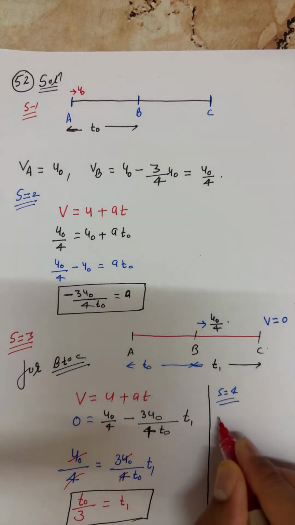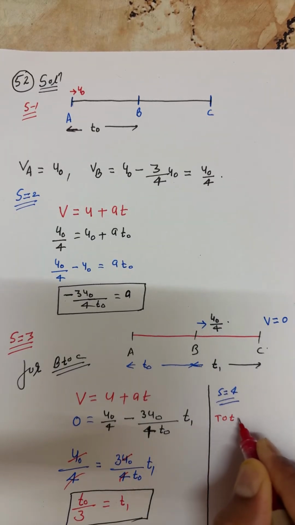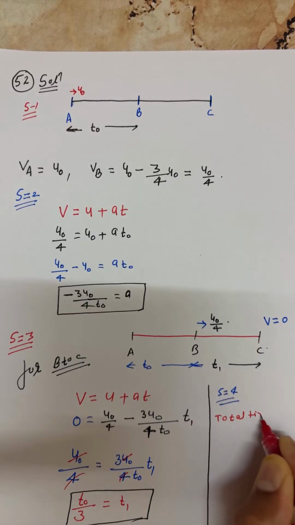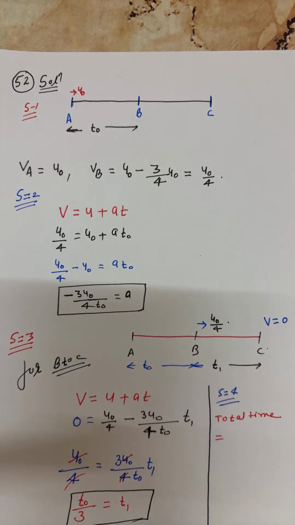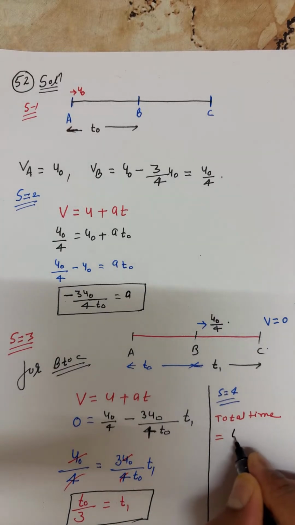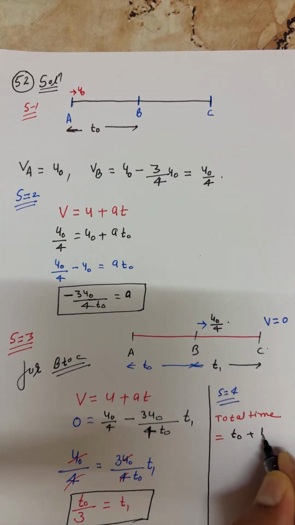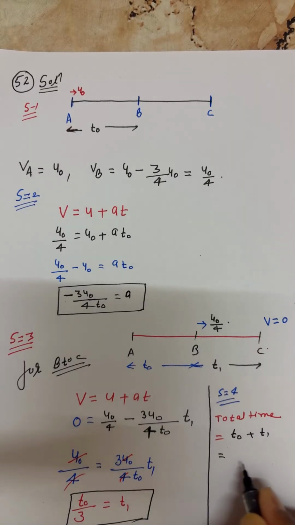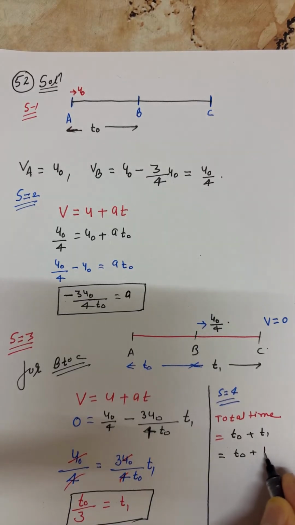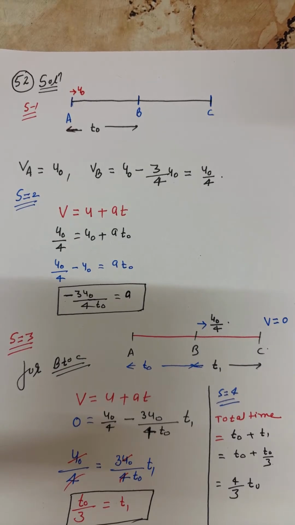So total time is equal to T naught plus T1. T1 we found in terms of T naught, which is T naught by 3. So the total time is 4 by 3 T naught.